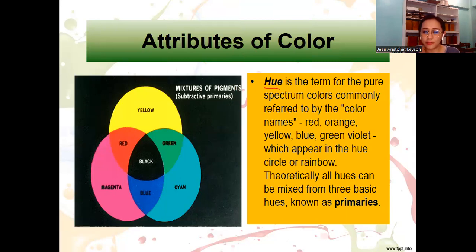Theoretically, all hues can be mixed from three basic hues known as primary. So the words that we know, red, green, blue, those are hues of color. The main three are red, green, and yellow, and from those three colors, we can create other hues.